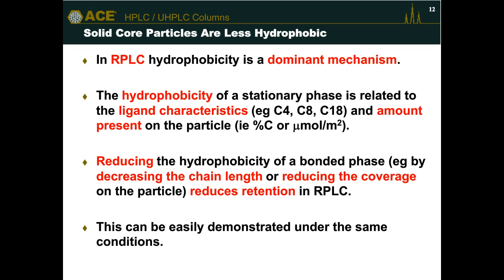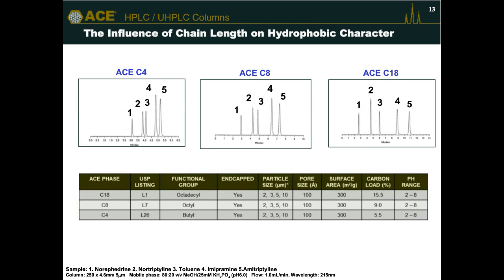The only mechanism there is that hydrophobic interaction of our alkyl chain on our stationary phase with the hydrophobic part of our analytes. So you can easily demonstrate this by reducing the chain length, so reduced hydrophobicity leads to reduced runtimes. You can see that clearly here if you look at the runtimes.